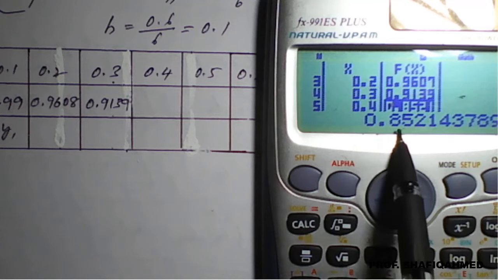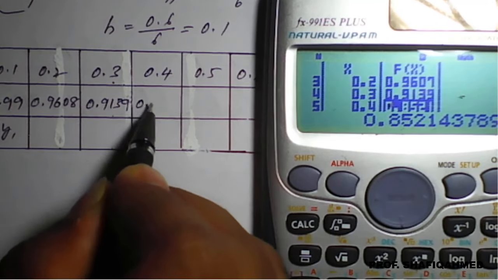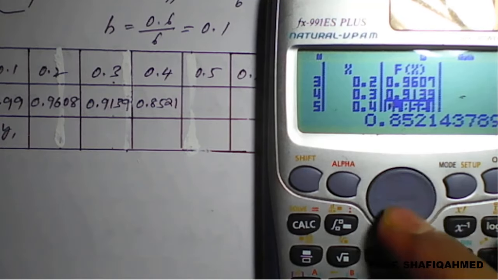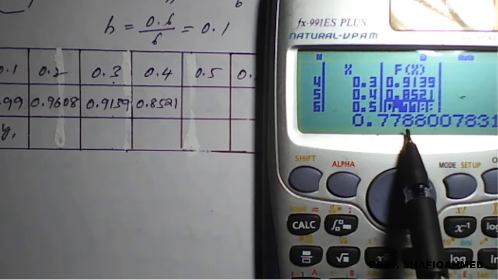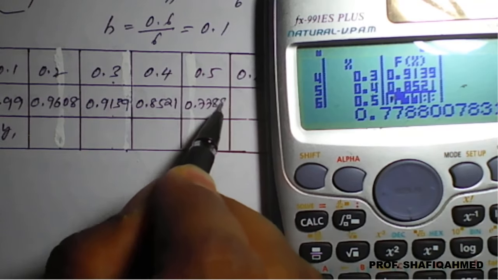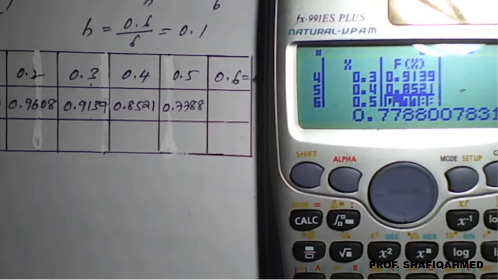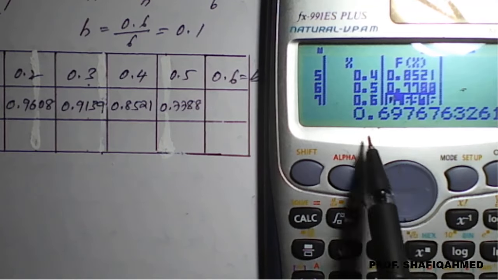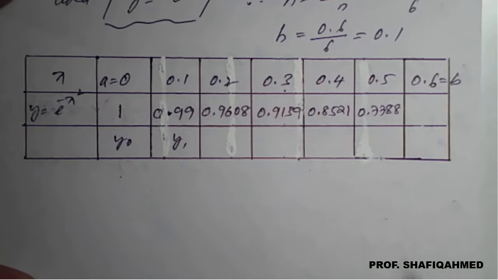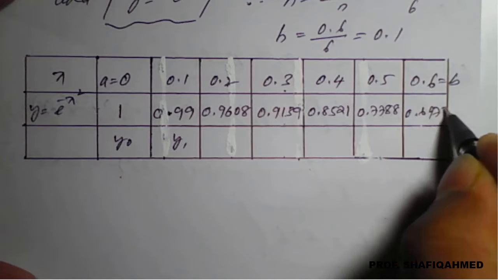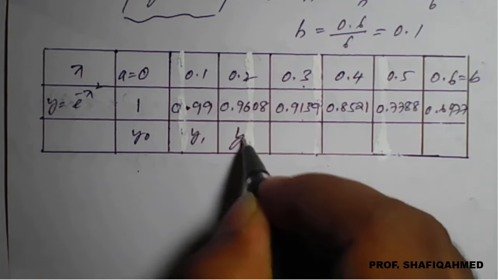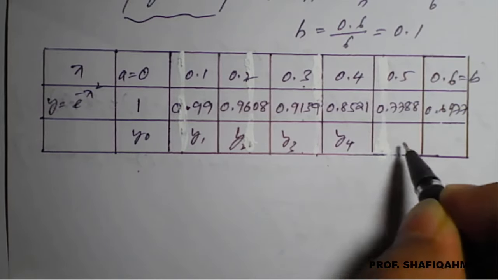For 0.4 it is 0.85214, so 0.8521. For 0.5 it is 0.7788. And the last one, for 0.6, it is 0.69767, so 0.6977.